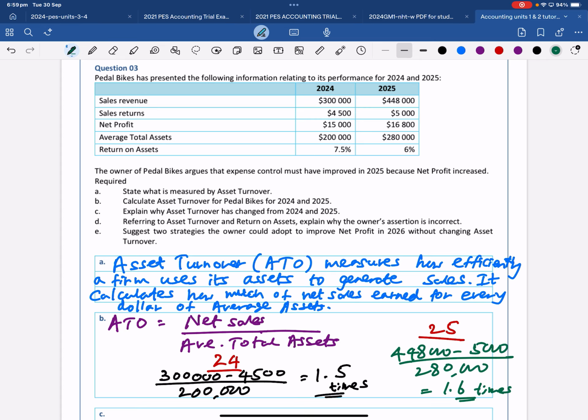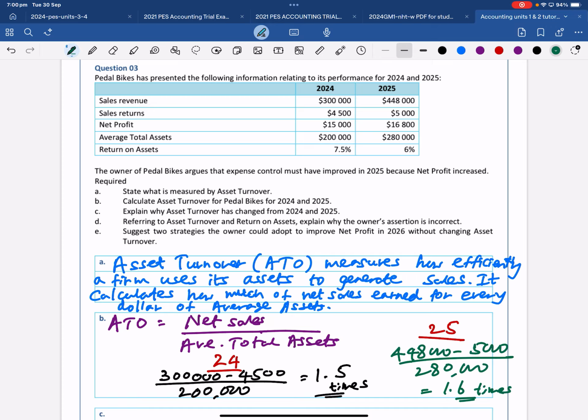You explain. Then, why do you think, guys, the asset turnover has improved over the 25? Not much, but it has improved. Why is that?